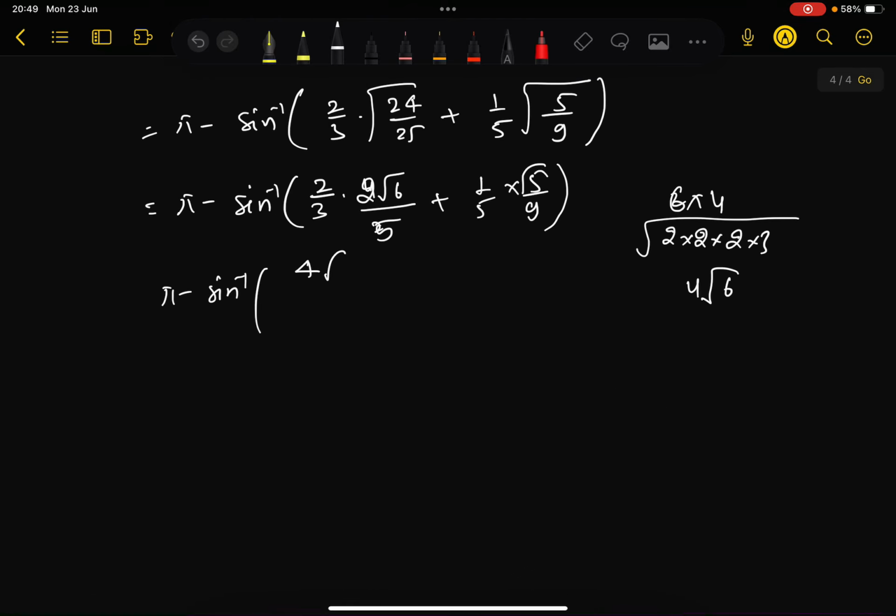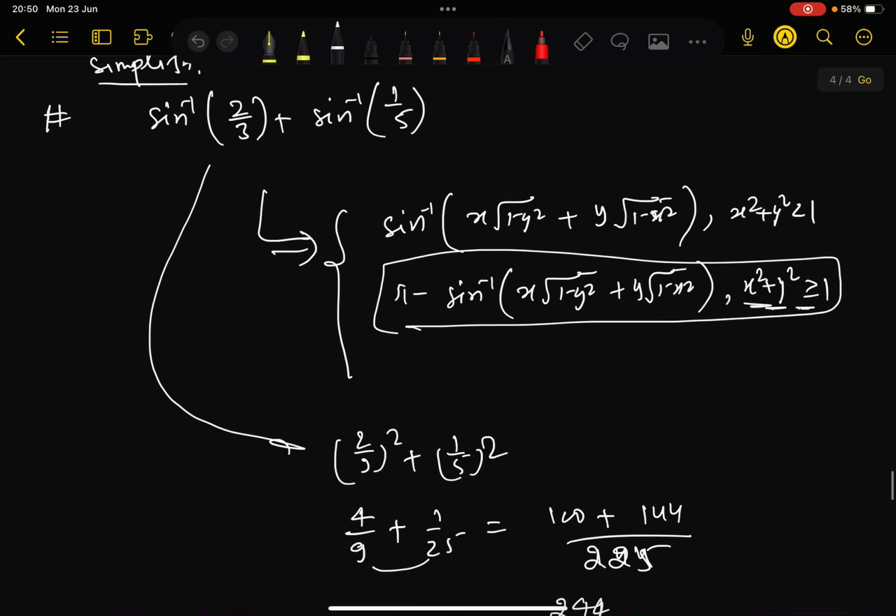So this will become 4 root 6 divided by 15 plus root 5 upon 15. Further we cannot simplify this any more, so this is our final expression. Also, you can rationalize the numerator by multiplying and dividing by root 6, but this is enough.